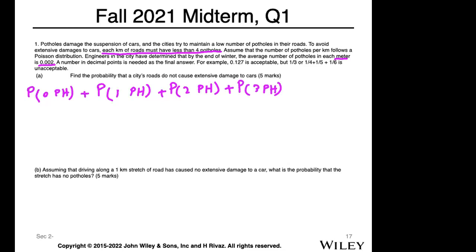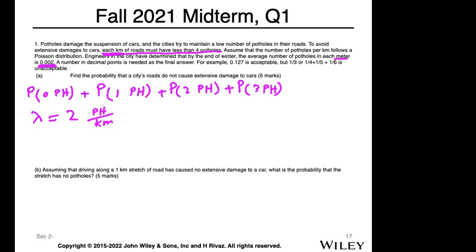And the question says each kilometer, so we better convert this lambda to kilometers. My lambda is this times 1000, so that's going to be 2 potholes per kilometer. So the rest is super easy.